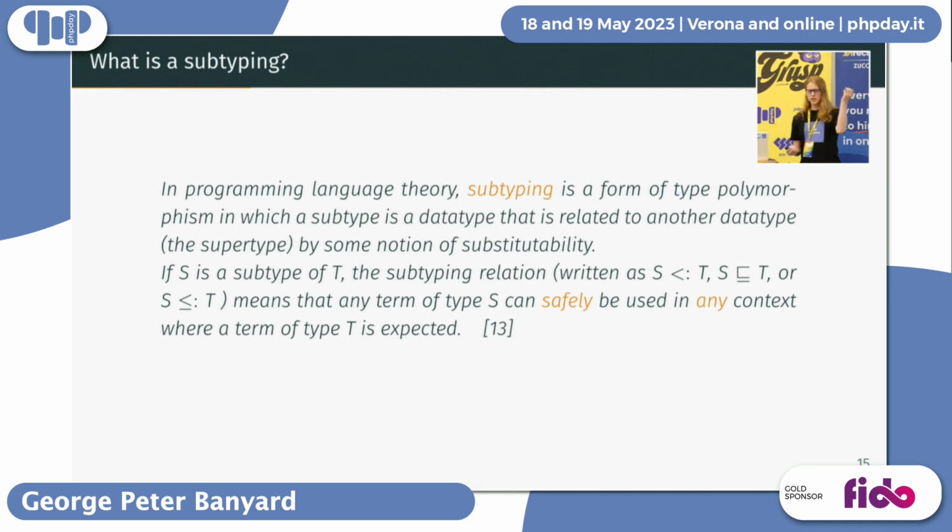And we say S is a subtype of T, which we write in 3 different ways, depending on the resources you find online. Either it's the arrow with a dot, or this weird square thingamajig, or it has the equal sign underneath. And yeah, S is a subtype of T means that S can be safely used in any context where you would expect T.